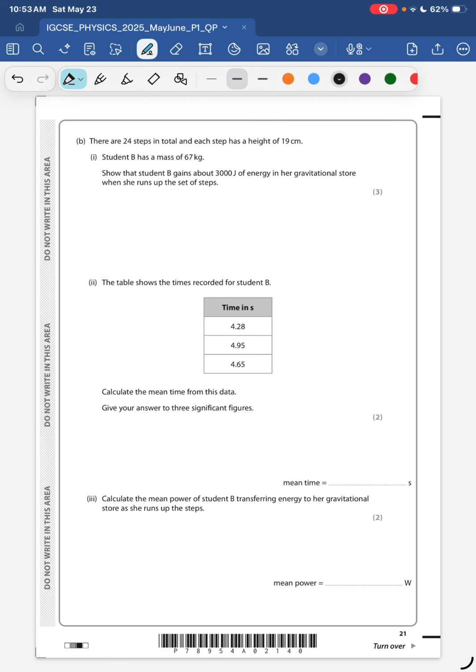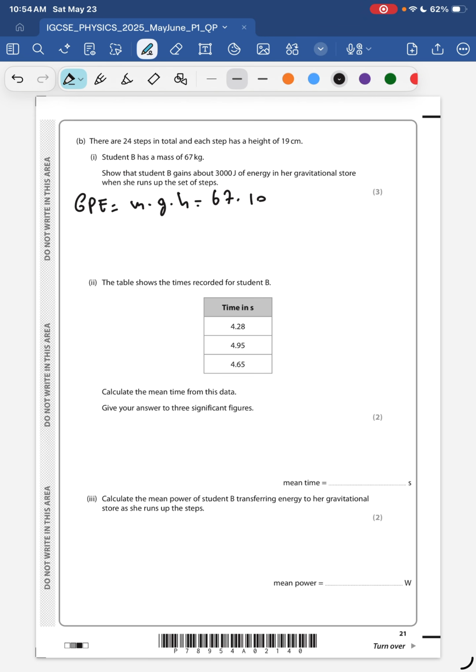Part B. There are 24 steps in total and each step has a height of 19 centimeters. Student B has a mass of 67 kilograms. Show that student B gains about 3,000 joules of energy in her gravitational store when she runs up the set of steps. So GPE is mass times g times height, right? The mass in this case is 67, g is 10.